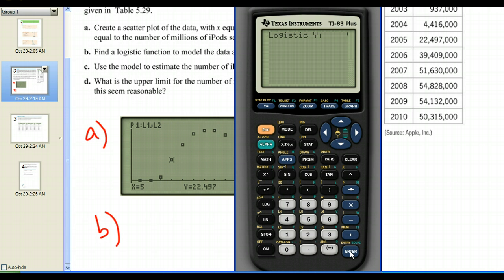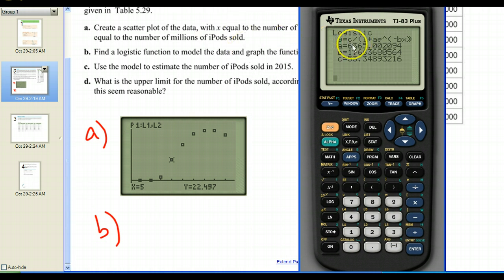So it runs its thing. It takes a little while to do logistic regression, just because it's a more complicated regression than linear, quadratic, or any of that. And there is our model. C is 53.349 to 3 decimal places.